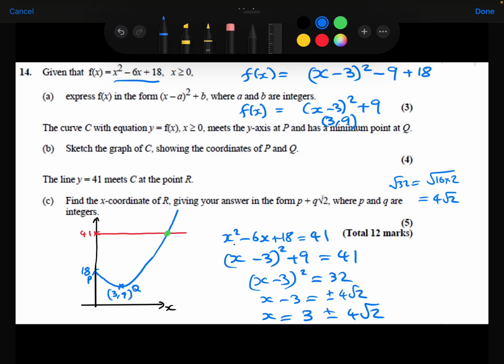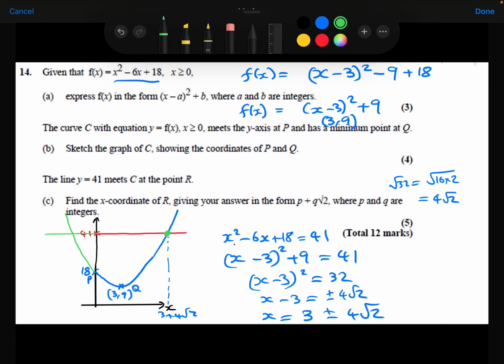I then just need to think about which of those it's going to be. Well, it's going to be the 3 plus 4 root 2 because the x coordinate here is positive. That is where x is 3 plus 4 root 2. The minus answer, the 3 minus 4 root 2, would be if my graph continued into the negative part of the axes.